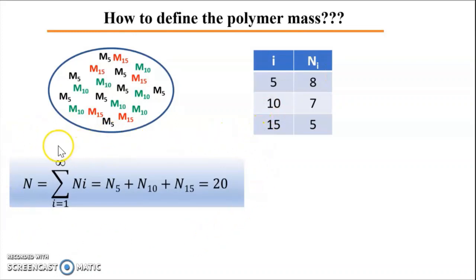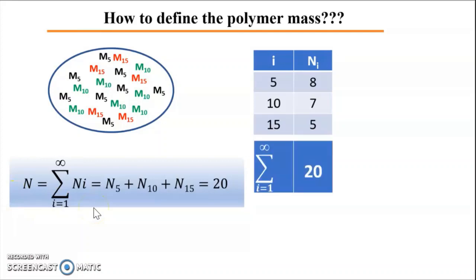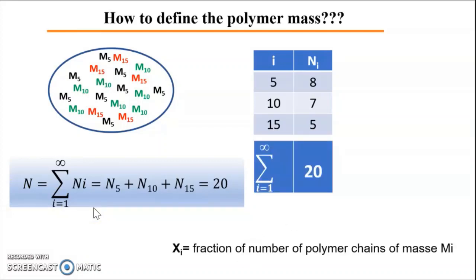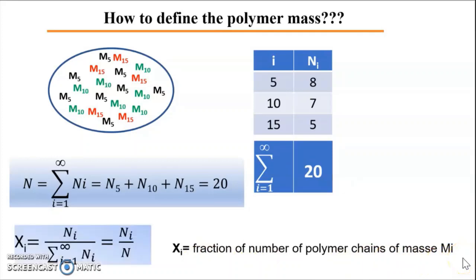Also, it's important not just to quantify the number of chains having specific repetitive units and to determine the total number of chains, but it's also important to determine the fraction of each kind of chains in the whole system. So here I have to define xi, which is the fraction of number of polymer chains of mass Mi. If I want to calculate this xi, it's the number of chains having i repetitive units over the total number of chains in the system.